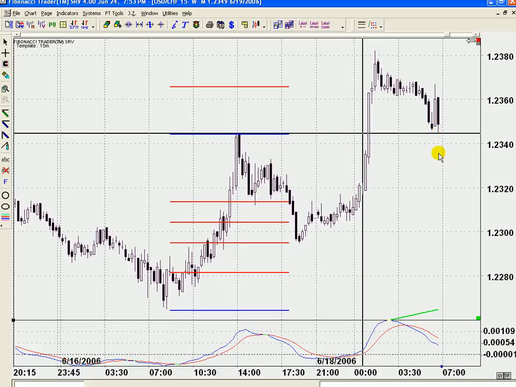We may see it slip through slightly, but as long as price is trading above this 2345 level, then you want to go long right at or about 2345 plus spread. This is where you want to trade.